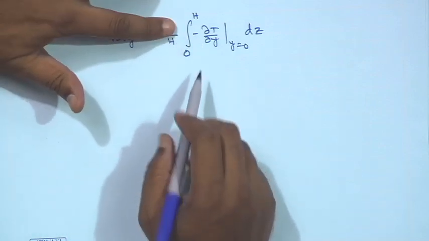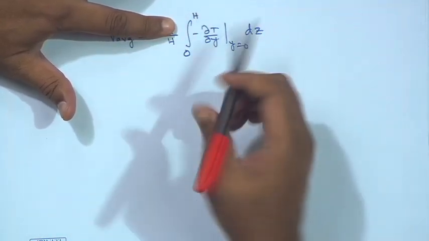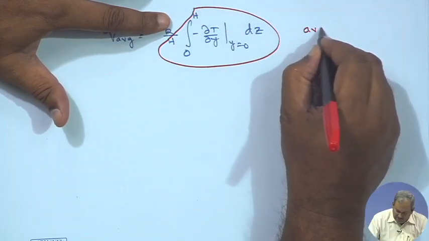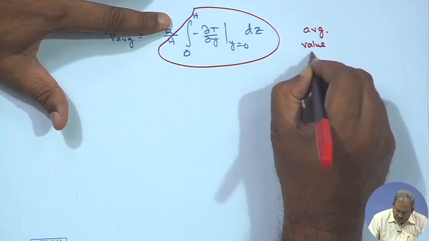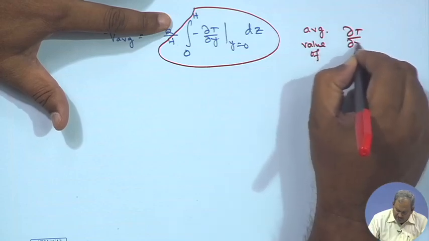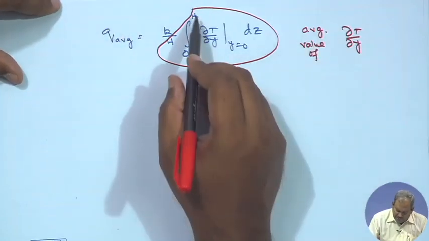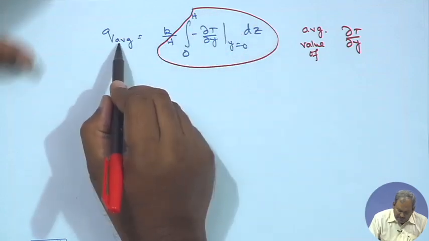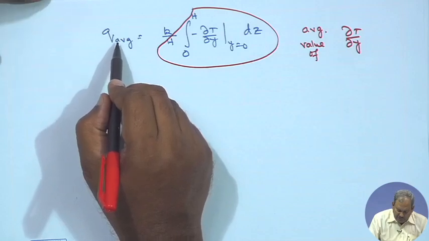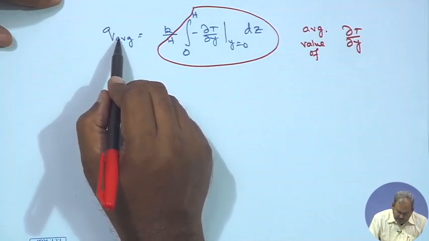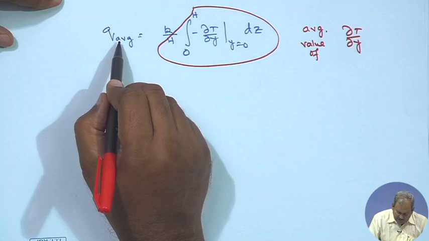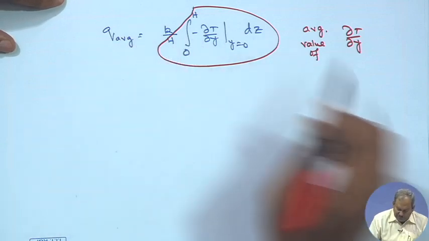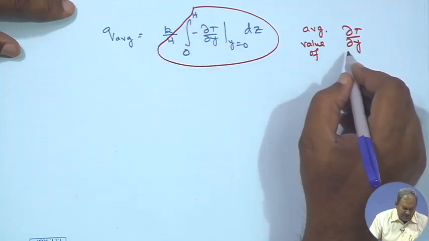If you forget about this k, then this part is the average value of del T del Y. So, this average value of del T del Y, which by definition is this multiplied by k with a minus sign, would give you the heat lost by conduction from the solid plate to the atmosphere. So, this is nothing but the average of del T del Y.